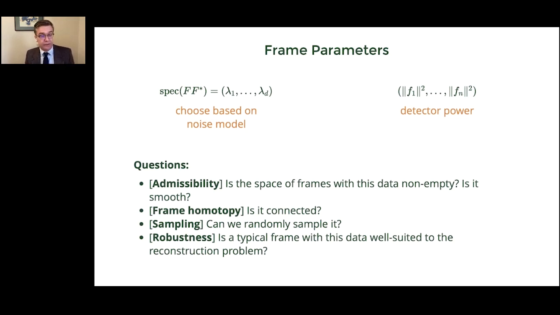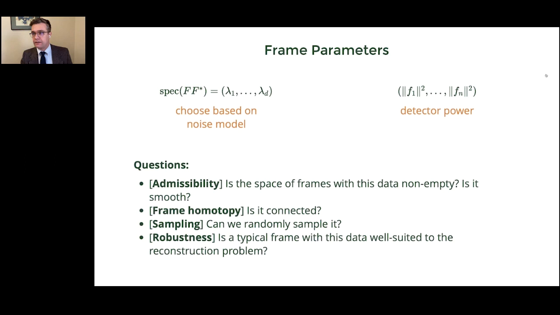Maybe even more basic, can we actually find points? It's one thing to know that something is non-empty; it's another thing to actually be able to find points. Can we randomly sample it? And if you had a way of randomly sampling, you would want to know whether a random frame is expected to be good or bad for whatever problem you're trying to solve.